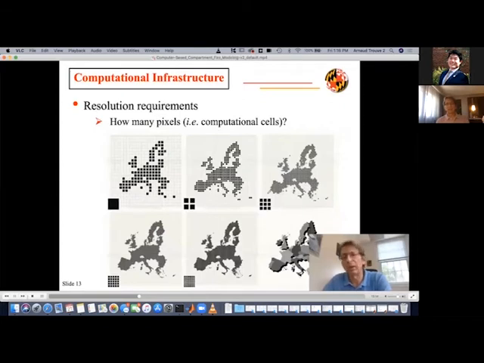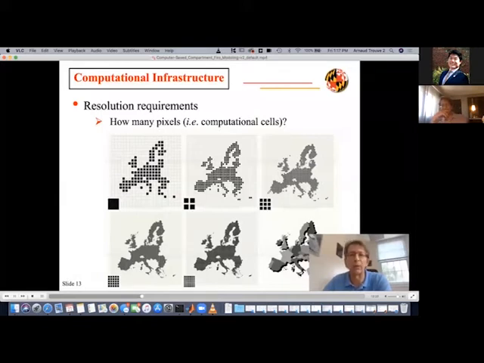One question that I want to raise at this point is the question of spatial resolution. What kind of spatial resolution do we need to solve the set of governing equations presented in the previous slide? There is also a similar question about temporal resolution, but I'm going to leave that aside because temporal resolution is actually controlled by spatial resolution.